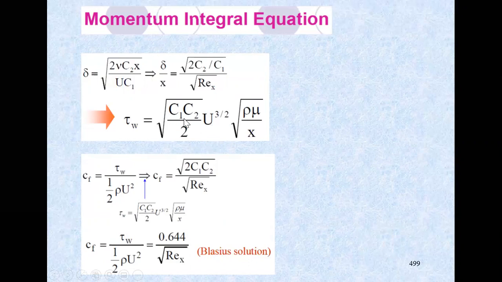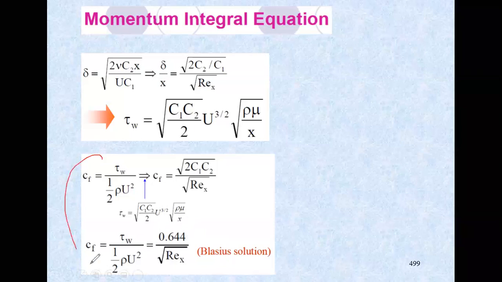I mean, the way to see it is the Blasius solution is a simplified momentum integral equation also. It means you can derive the Blasius solutions from the momentum integral equations. If you assume first that it is laminar, if you use the same assumptions as in Blasius and then implement that into the momentum integral equations, you will end up with the same result. And it is shown on this part over here.